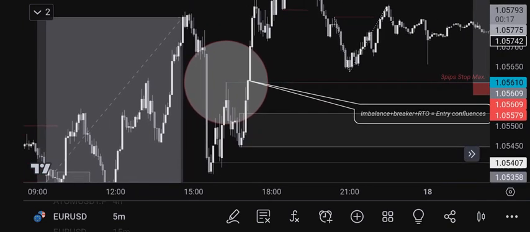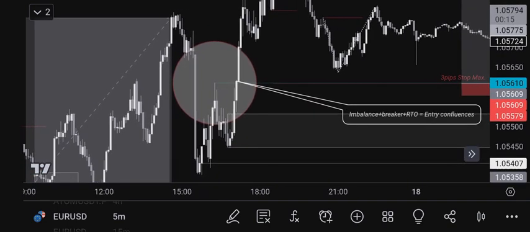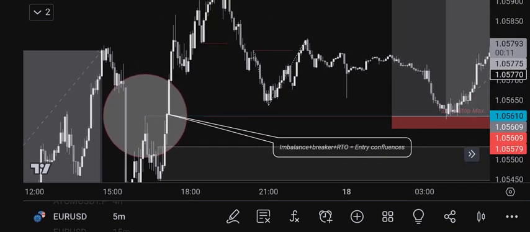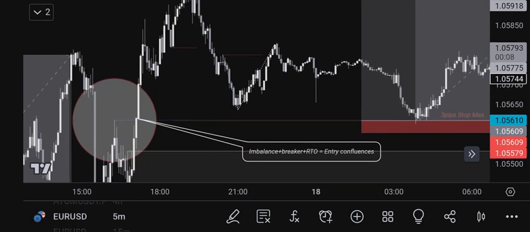So that was how we got the entry for that trade. Price must be coming from a support or resistance zone for you to get valid entries below it. Always follow your candlesticks, your entry models, whatever you know works for you, but make sure that your confluences are more than one for a trade.